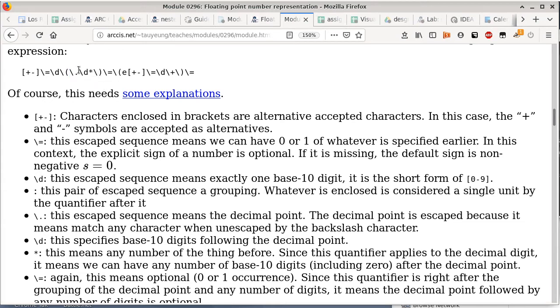Backslash D followed by an asterisk means any number of digits. Does that include 0? The answer is yes, it includes 0. So asterisk means 0 or more occurrences of the thing that is right before the asterisk. So what is right before the asterisk? Well, backslash D. So we can have any number of digits, including 0. Is that okay?